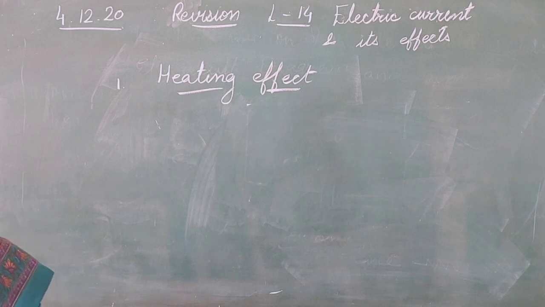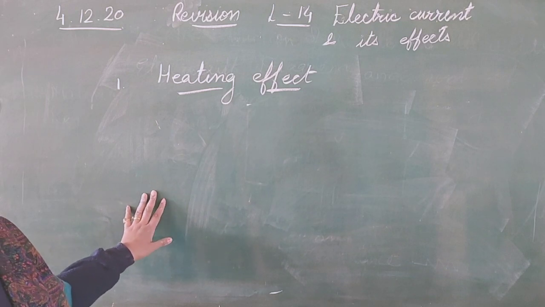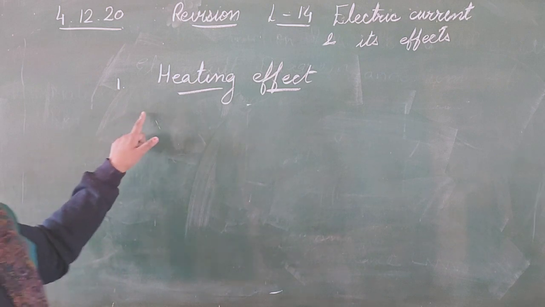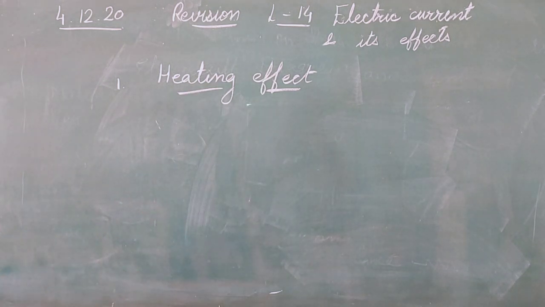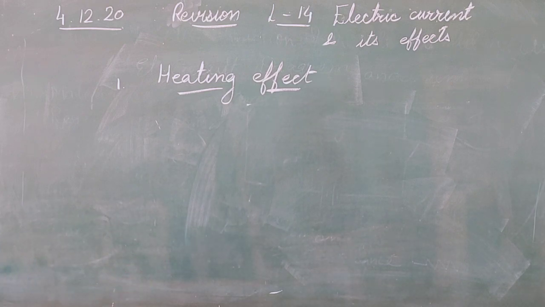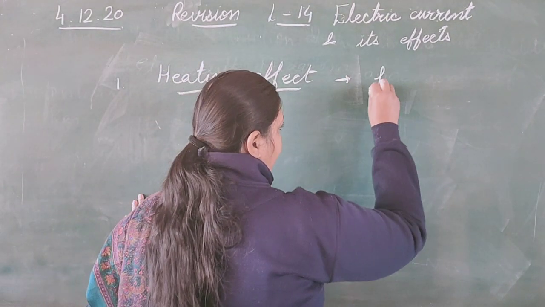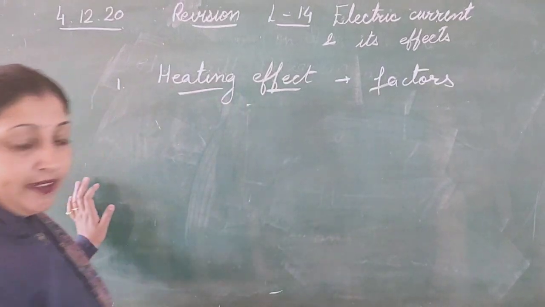Is it clear, children? So that is the heating effect of current. It means passing or moving of electricity in a circuit heats the different components. Now, on which factors does this heating effect depend?